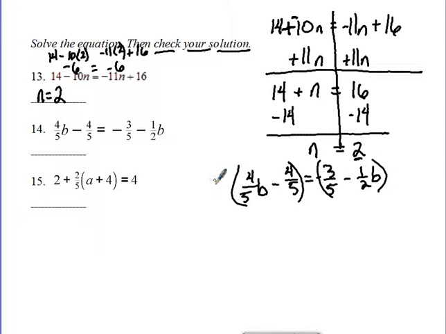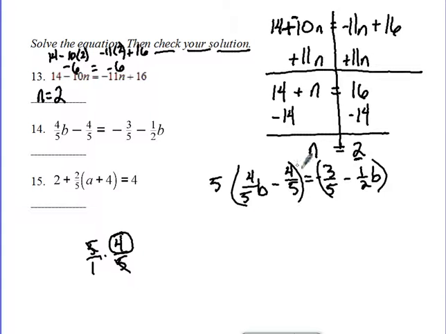Let's take a look at what happens. We have 5 times 4/5 b. Many of you like to do these problems in your calculator, but if you notice, 5 over 1, which is 5, times 4 over 5, 5 over 5 is 1. What you're left with is just the 4.